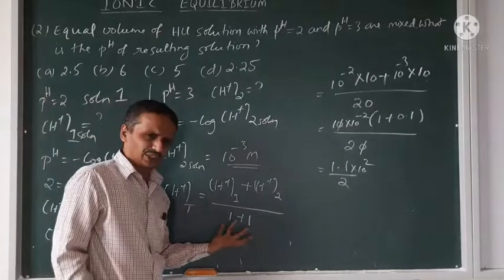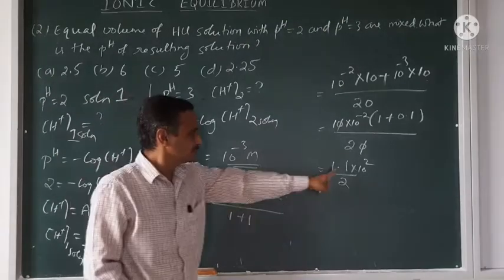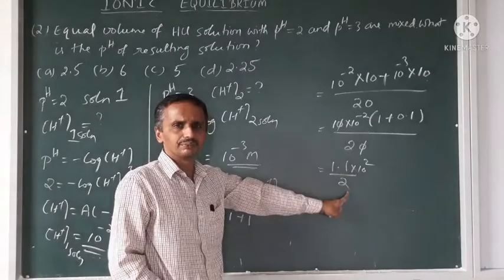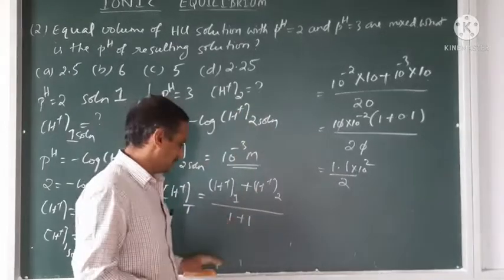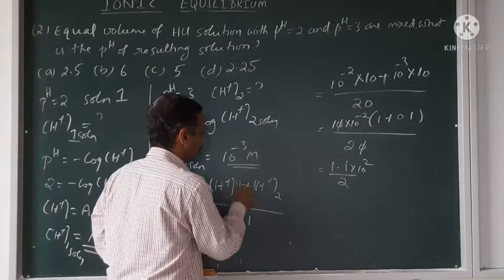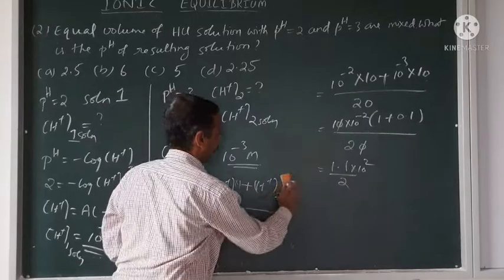So there is no question that I have to take 1; I can take 100 also. But finally it becomes 1.1 by 2 only. So it is easy for me if I take 1, because here it is into 1, into 1, no need to go for those steps. So I can avoid it.